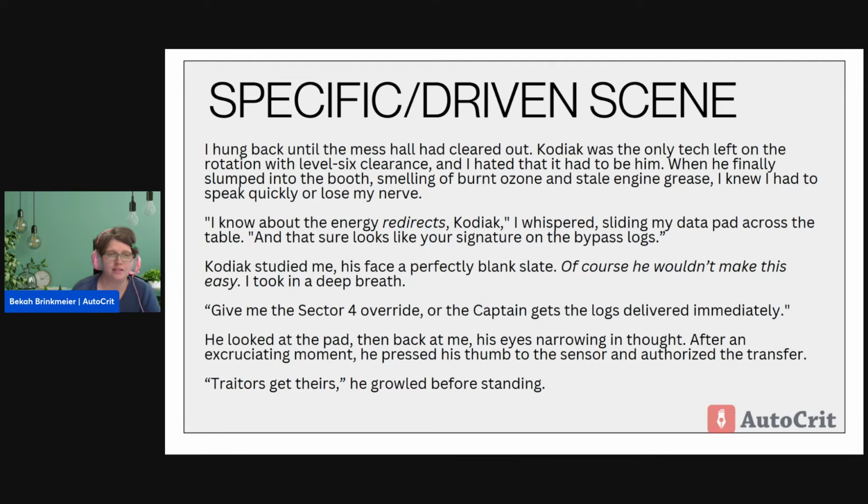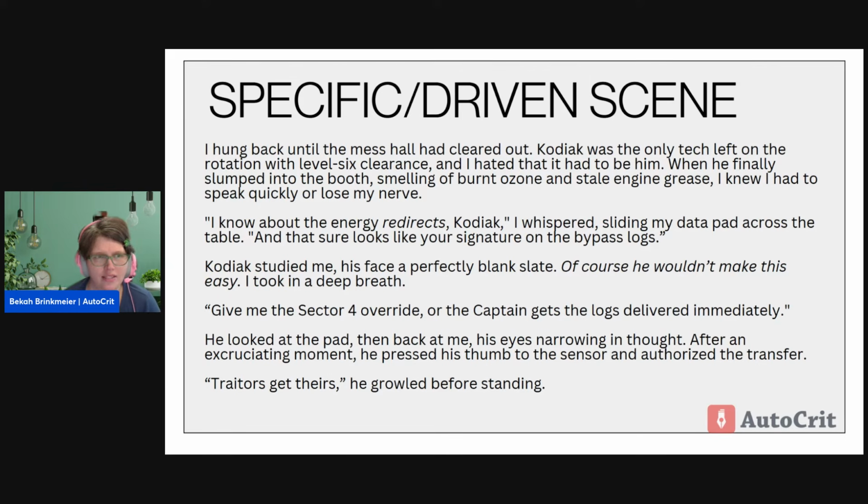Kodiak studied me, his face a perfectly blank slate. Of course he wouldn't make this easy. I took in a deep breath. Give me the Section 4 override, or the captain gets the logs delivered immediately. He looked at the pad, then back at me, his eyes narrowing in thought. After an excruciating moment, he pressed his thumb to the sensor and authorized the transfer. Traitors get theirs, he growled before standing.